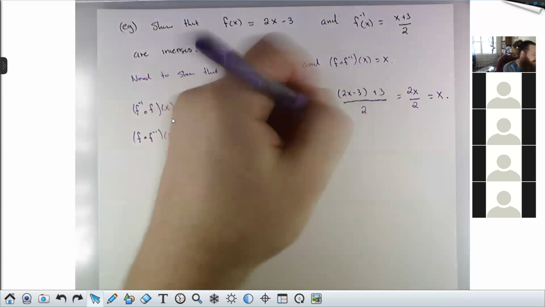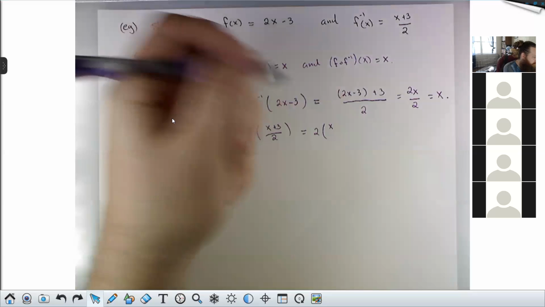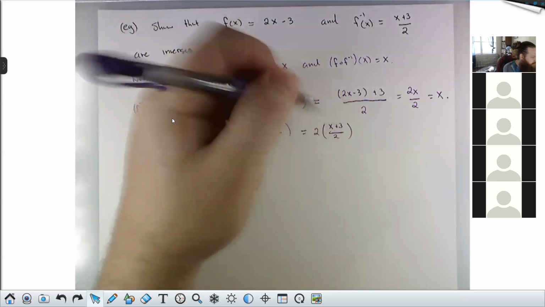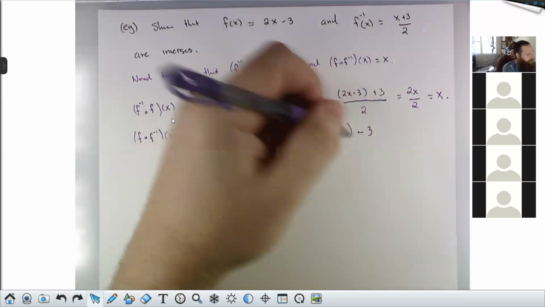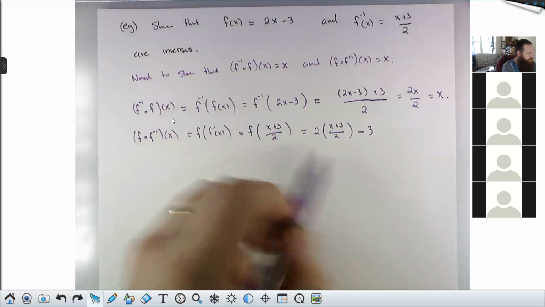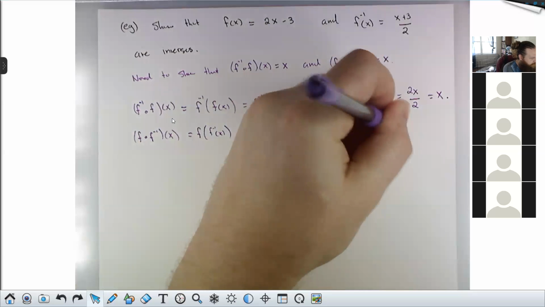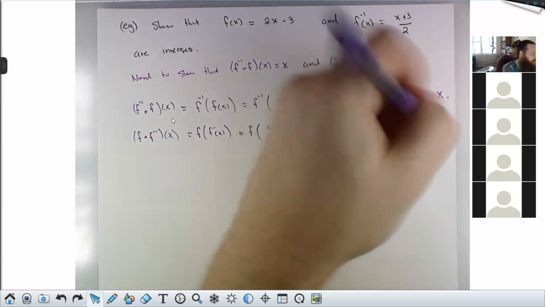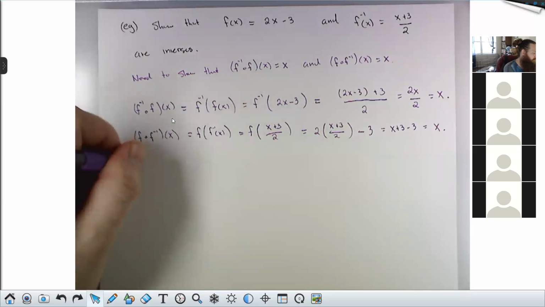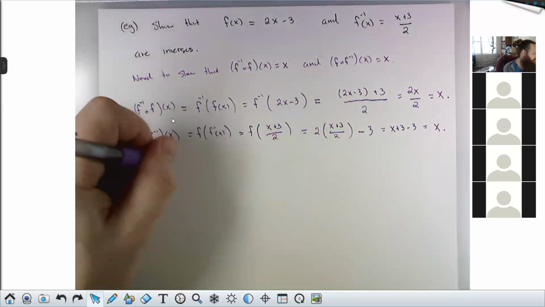So that's 2 times parentheses x plus 3 over 2 minus 3. And the 2's cancel, and you get x plus 3 minus 3, which is also x. So yes, these are inverses.